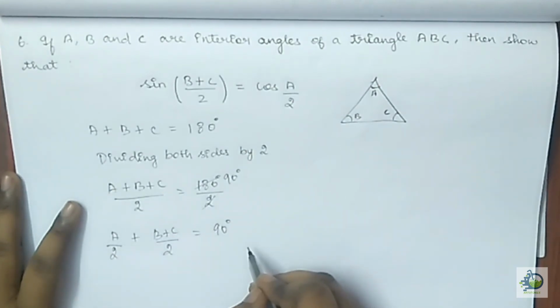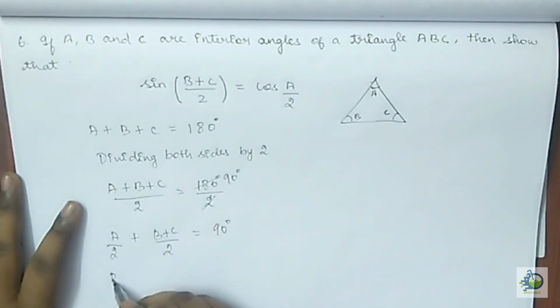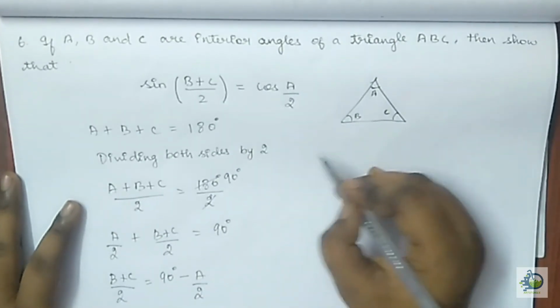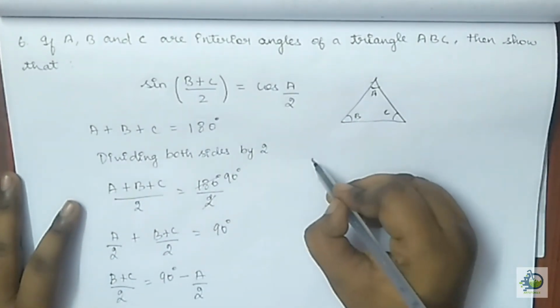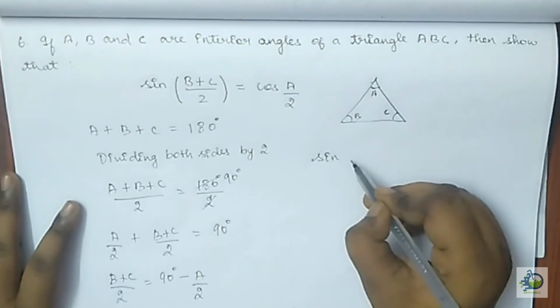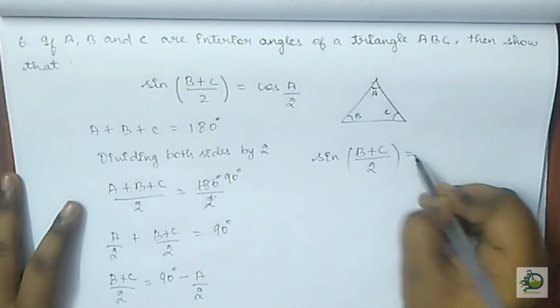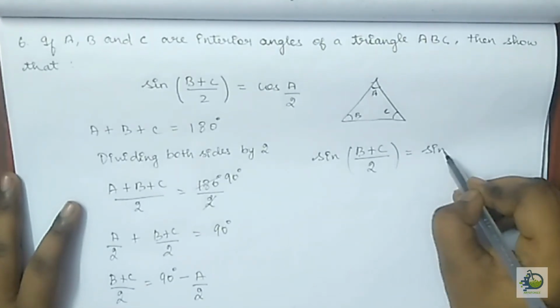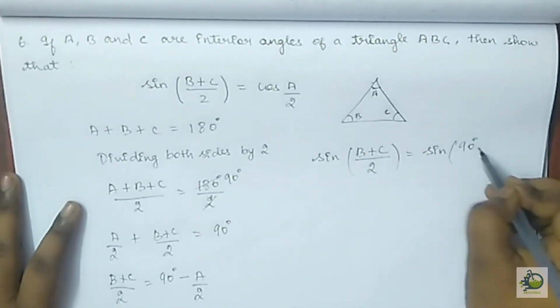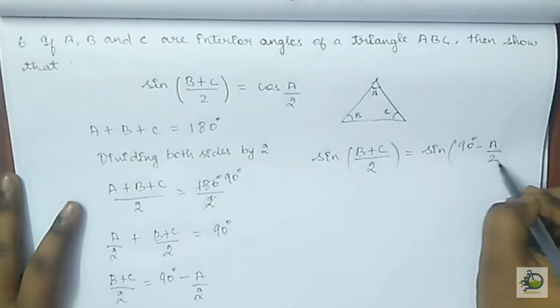I can bring this A by 2 to that side, so it becomes (B plus C) by 2 is equal to 90 degrees minus A by 2. When I take sin on both sides, it becomes sin of (B plus C) by 2 is equal to sin of (90 minus A by 2).